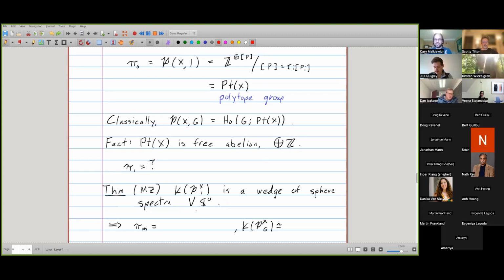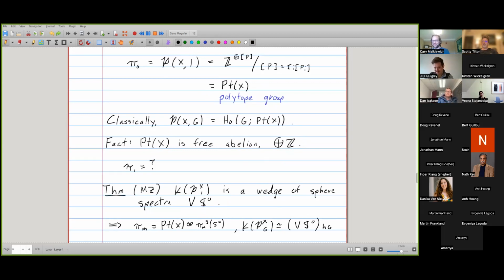You can think of it as a wedge, indexed by some basis for this polytope group, of copies of the sphere. And that implies that the higher homotopy groups are going to be the same polytope group tensored with the higher homotopy groups of spheres. Or at the level of the spectrum, this is some wedge of spheres, and then I'm taking the homotopy orbits of that.